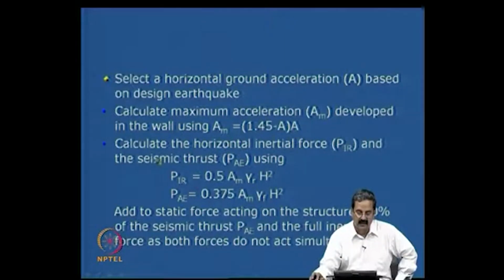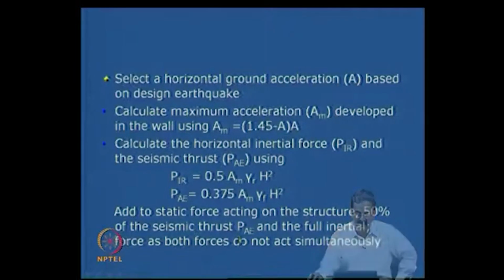The PIR and PIE are given by expressions like 0.5 AM gamma R h square, with gamma R for the reinforced soil, and 0.375 AM gamma F h square for the fill. You add to the static force acting on the structure 50% of the seismic force and the full inertial force, as both forces do not act simultaneously.